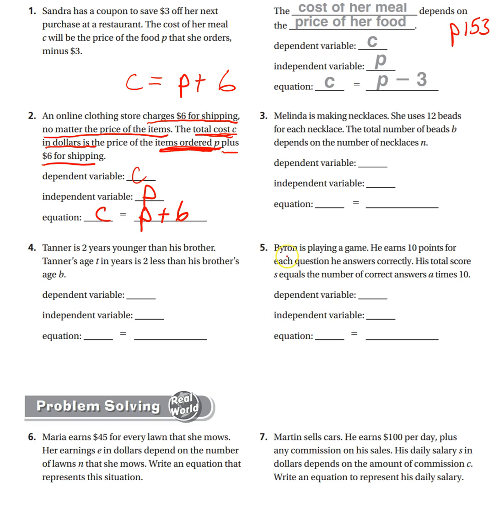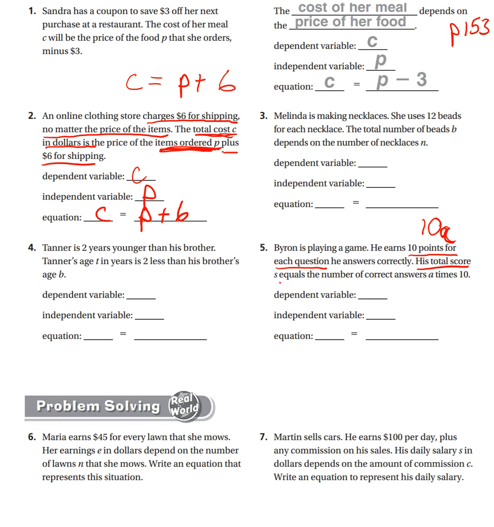Okay, number 5, Byron is playing a game. He earns 10 points for each question. So 10 points per question. That means 10 times however many questions. If he gets 2 questions right, he gets 20 points. If he gets 1 question right, he just gets 10 points. Okay, and so on. So I know I'm going to need to multiply 10 times every question he answers correctly.